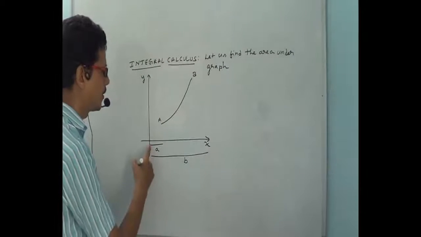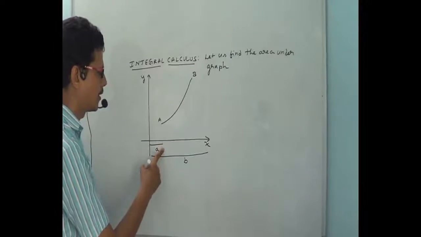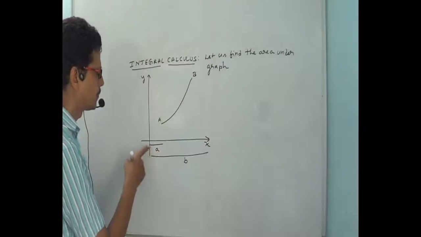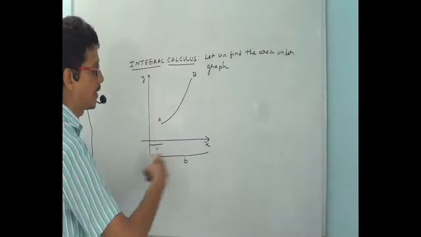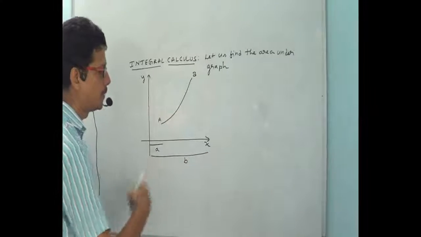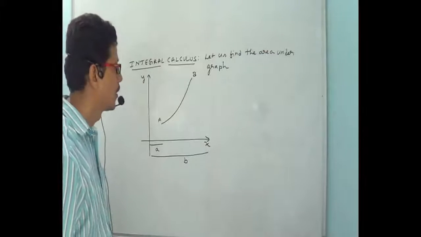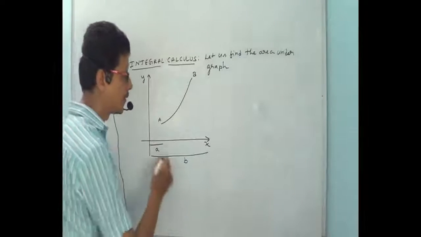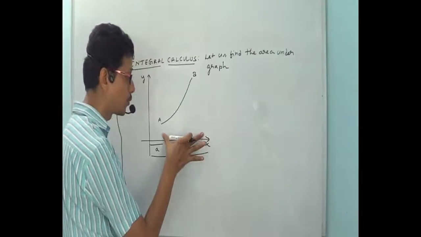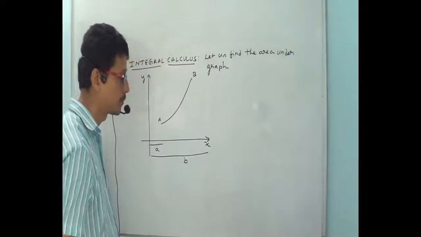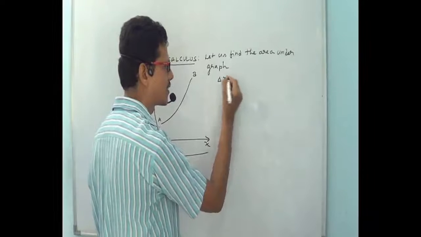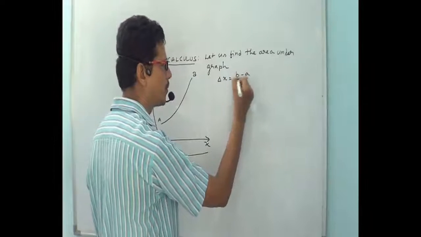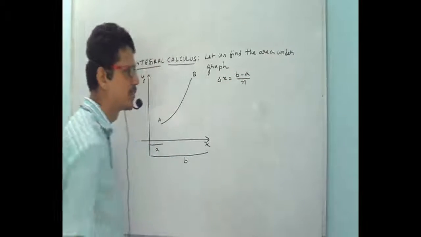A point is at a distance A on the x-axis, and the x distance of the B point is B. Divide this entire thing into n equal parts and write that equal part as delta x. Delta x is (B minus A) by n.